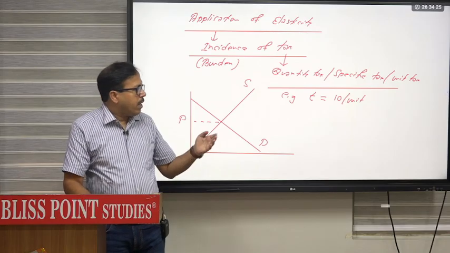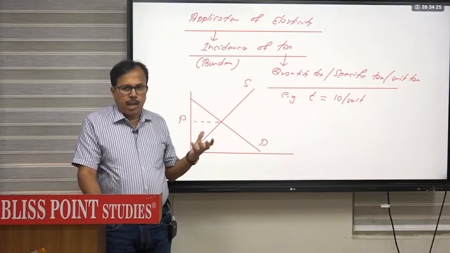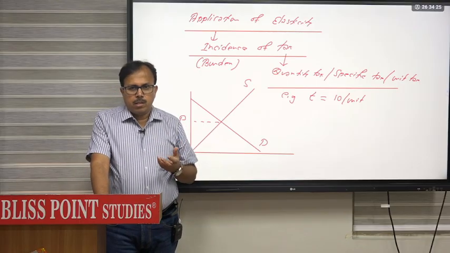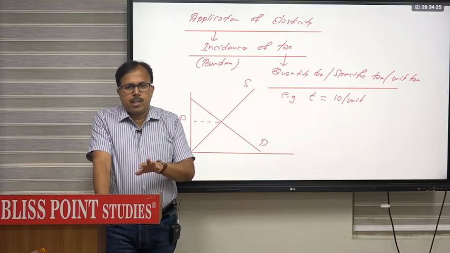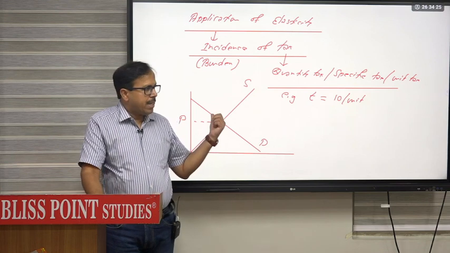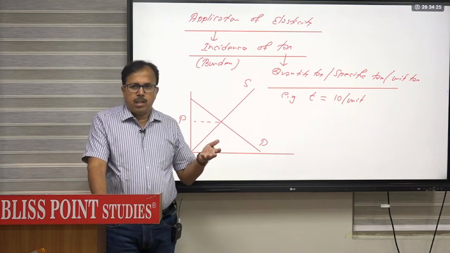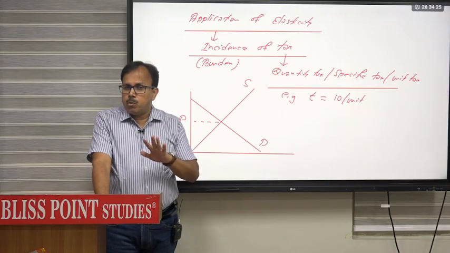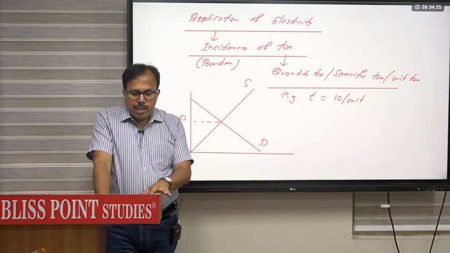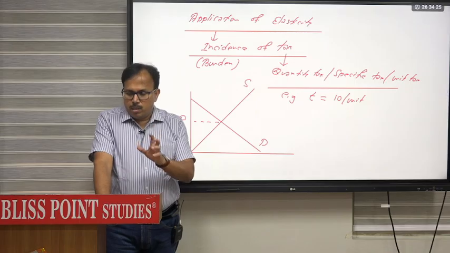So one price I will have without any tax. Second price I will calculate after the tax. Without any tax, the price paid by the buyer and the price received by the seller will be same. But after tax, there will be a gap. I will explain that.